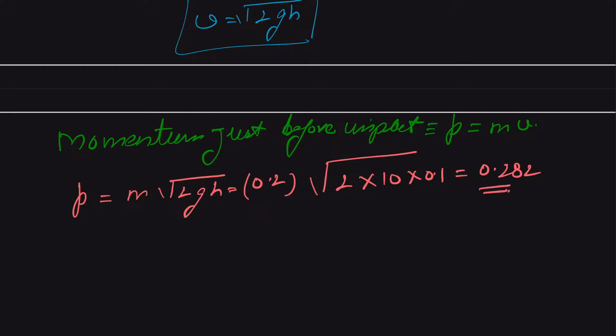Now it is given in the question that it comes to a stop after 1 second. So we are going to use the impulse momentum theorem, to find the average force during impact.